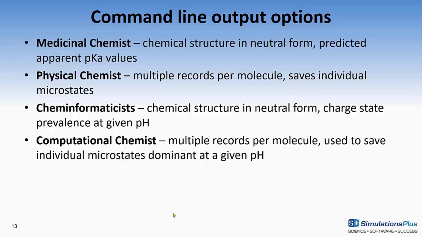It will predict, let's say, the states that are available at pH 7.4. Some of these states might be interesting or helpful when the molecule is docked in a protein site. If it becomes protonated, it could potentially donate a hydrogen bond to the protein structure and interact with it.